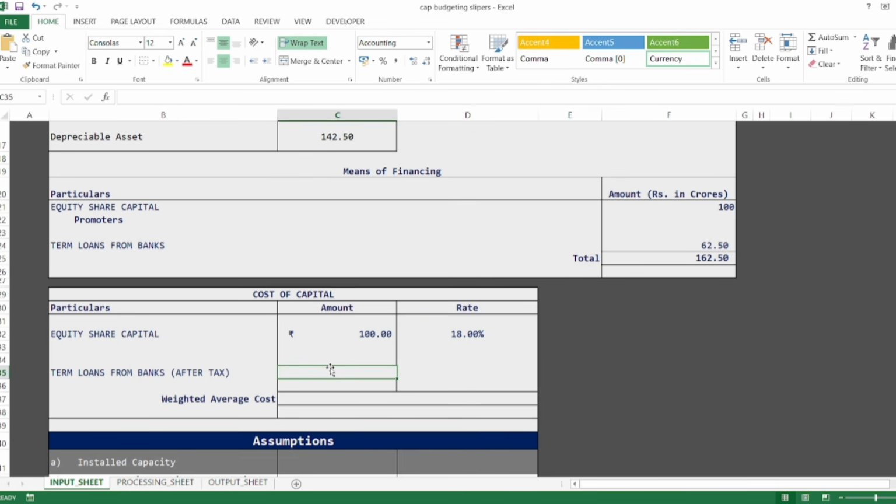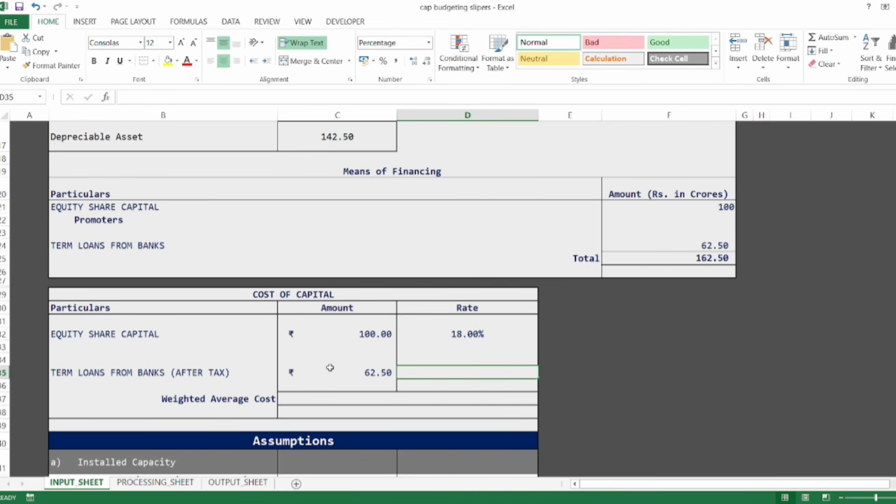And then for the term bank loan, the amount is 62.50 and the rate that is given in the question is 9.25%, and we will rename it as cost of debt. Further in this video you will know why we are renaming it.